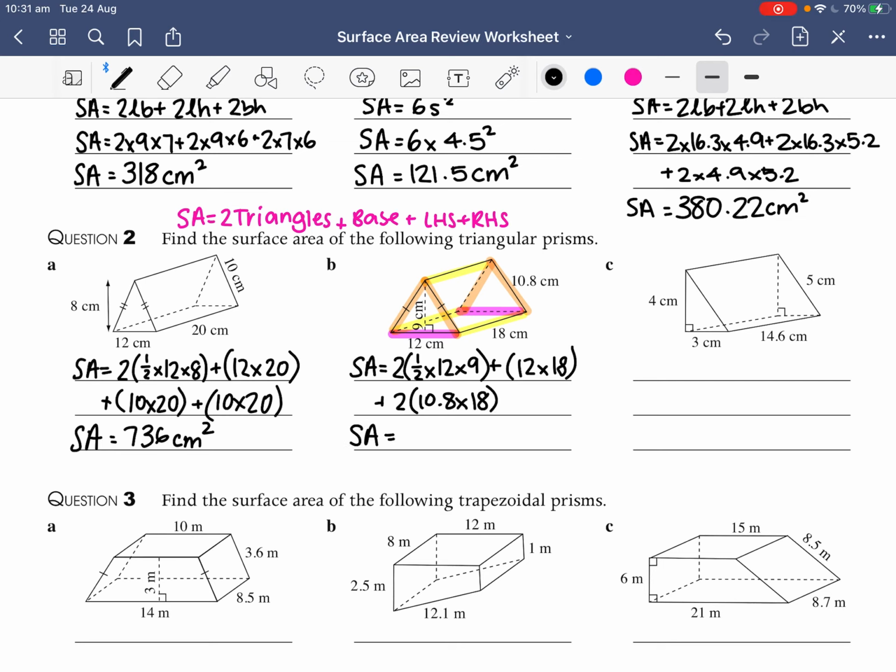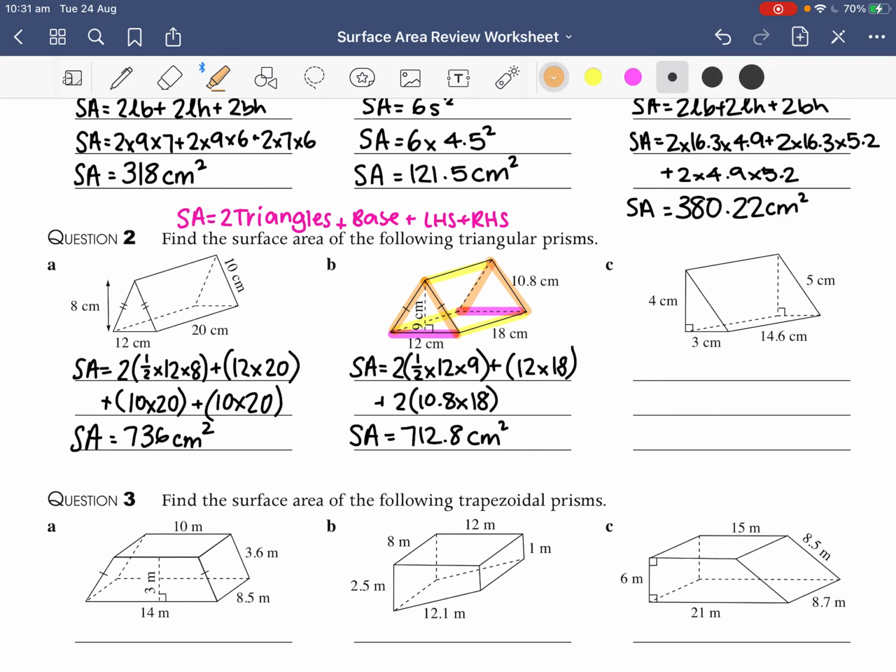So our surface area equals 2 lots of a half times 12 times 9 plus 12 times 18 plus 2 lots of 10.8 times 18. So this equals 712.8 centimetres squared.